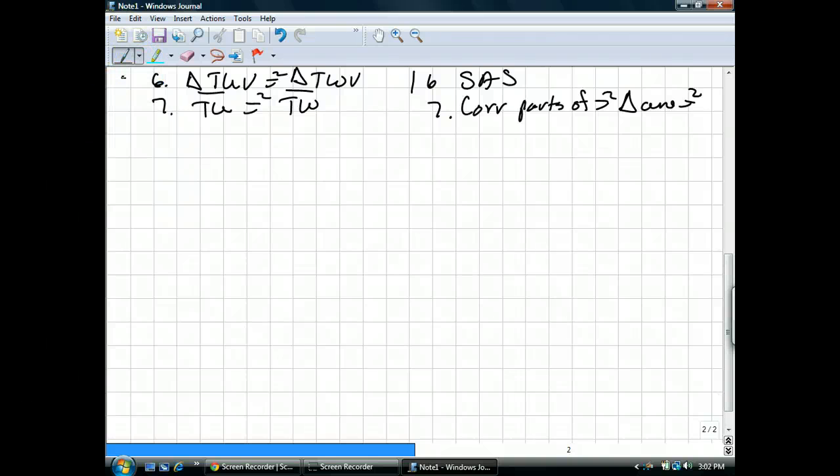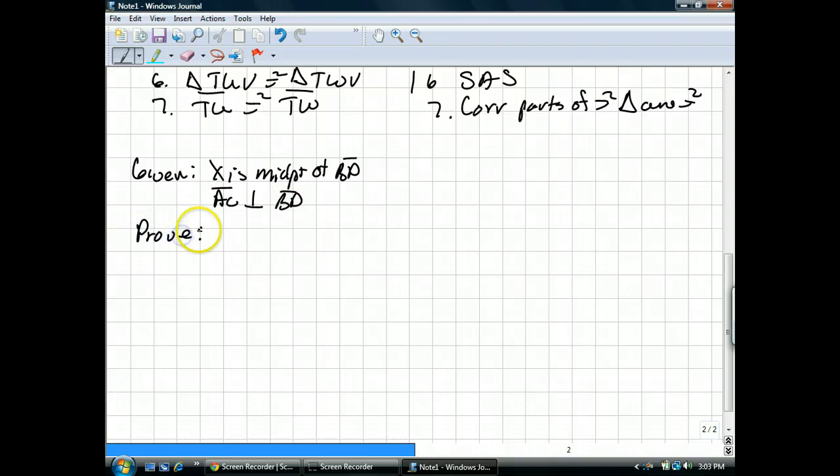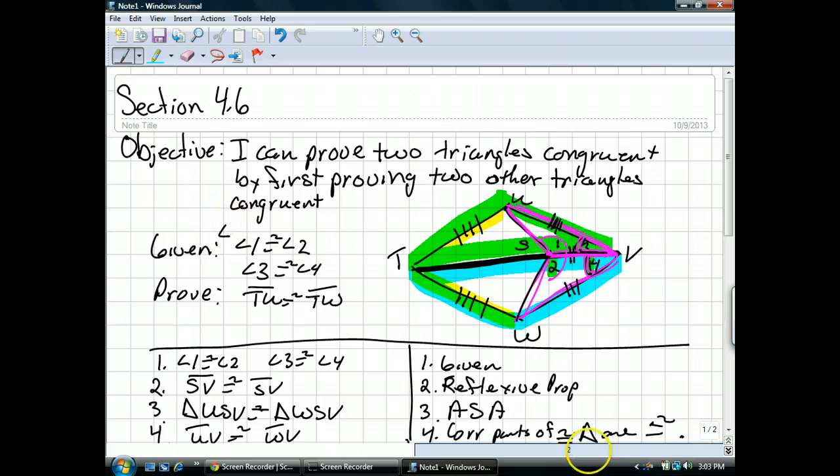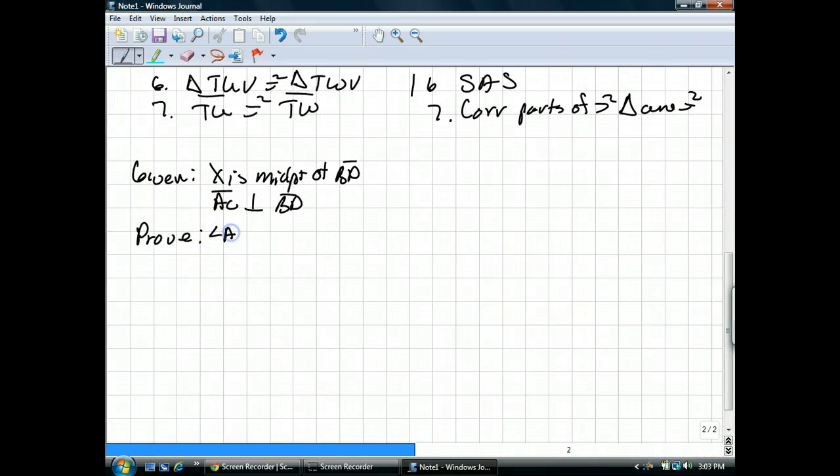Alright, so in this one, our given is that X is the midpoint of segment BD, and segment AC is perpendicular to segment BD. And what I want to prove is that angle ABC is congruent to angle ADC.